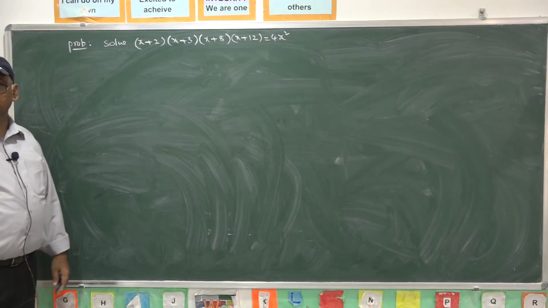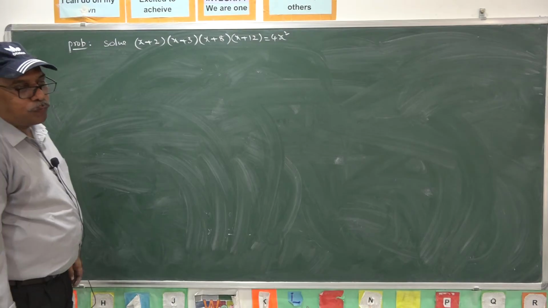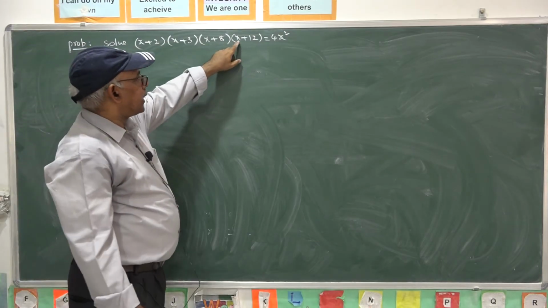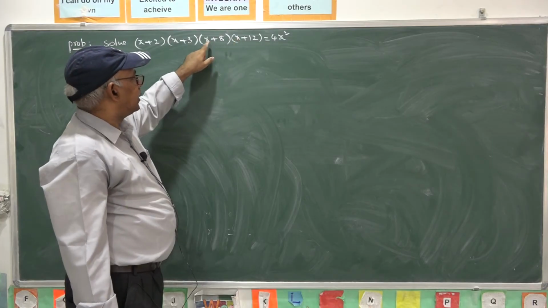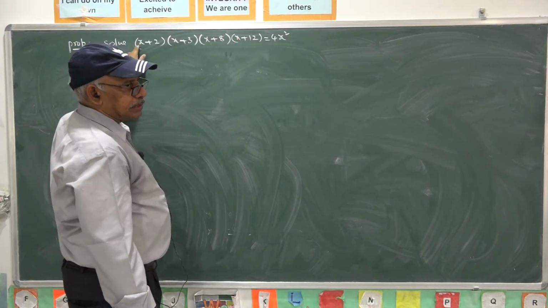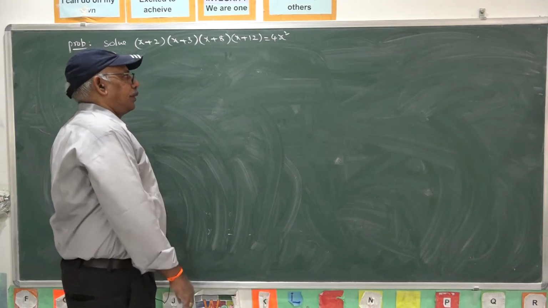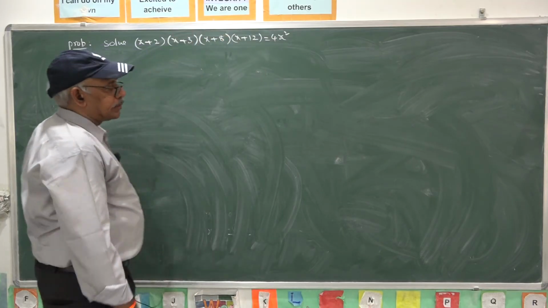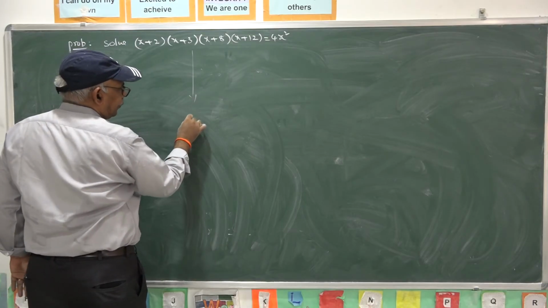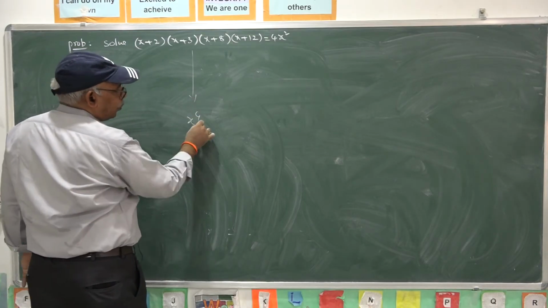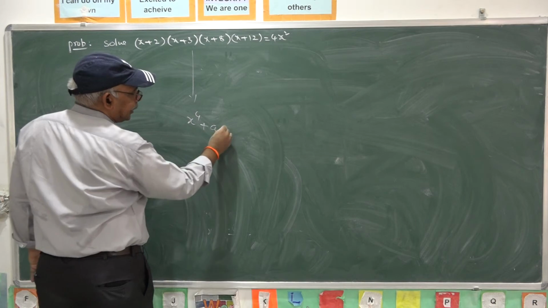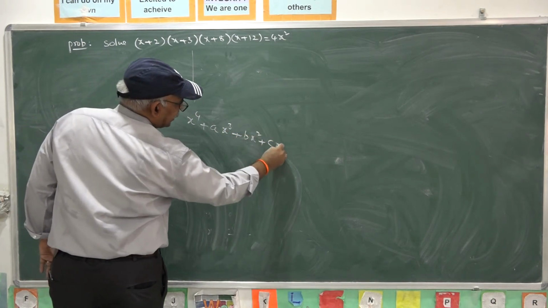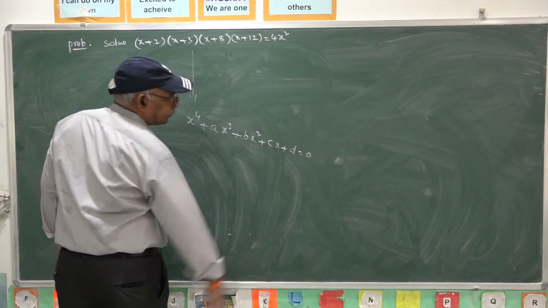This is clearly a polynomial equation of fourth degree, because the maximum power of x is x into x into x into x, x power 4. Once you multiply all these four factors, you get an equation of the form some x power 4 plus some constant into x cube, some constant into x square plus cx plus d equal to 0.